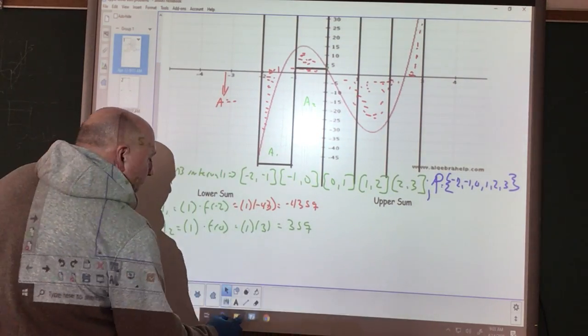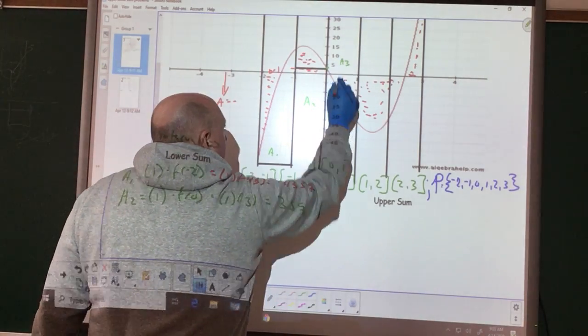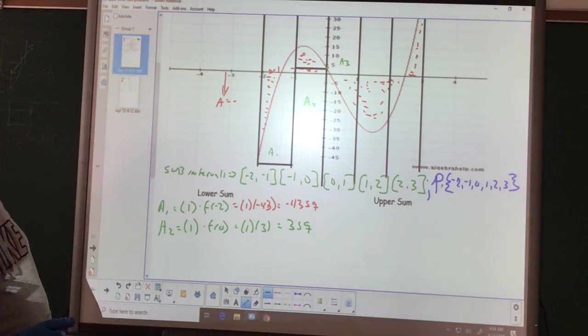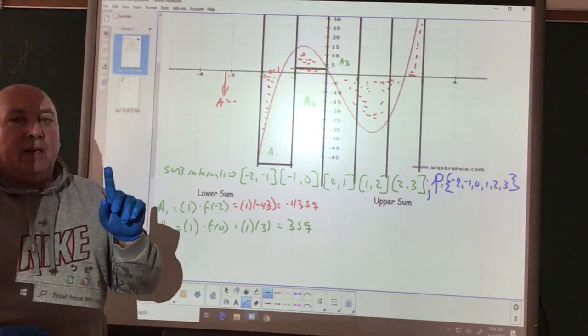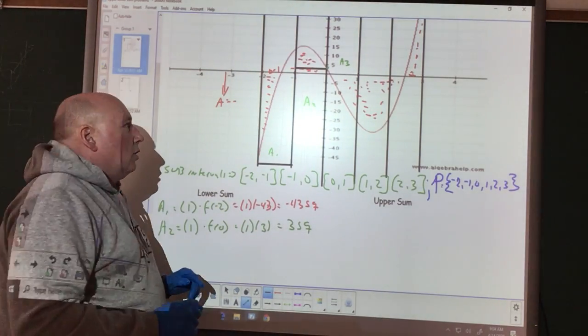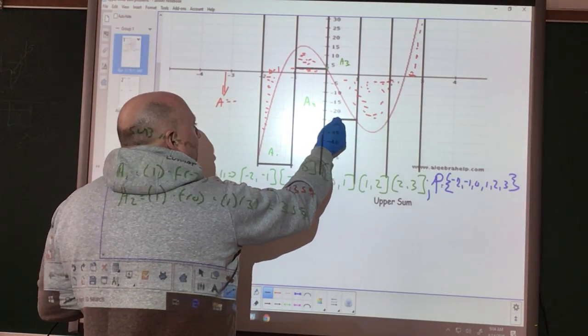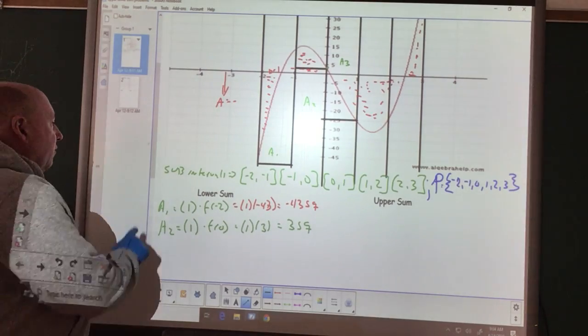If I look at my next region, A3, once again, I need to draw my line so it's entirely below the graph of the function and intersect my graph at exactly 1 point. So if I intersect and I have to stay below, I have to come from this point here over, which is my function value at 1.